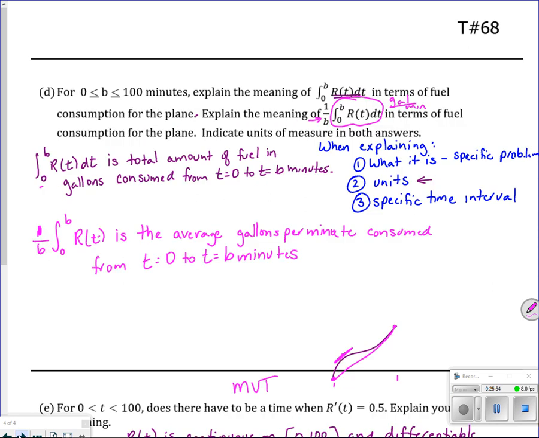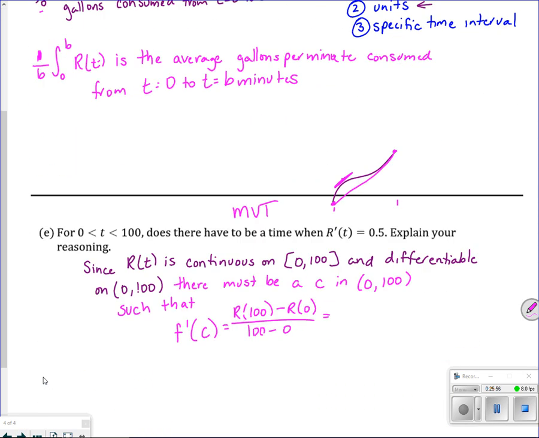Not that I do that in my head, but I write it down. So 70 minus 20 over 100 minus 0. Well, lo and behold, look what I get. I get 0.5.